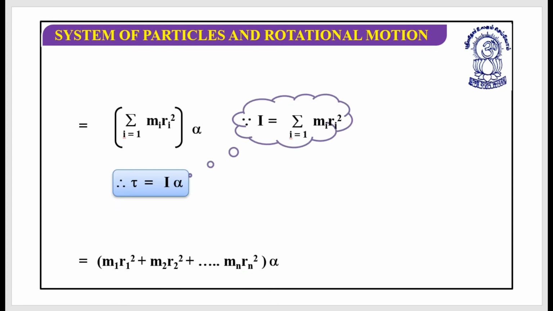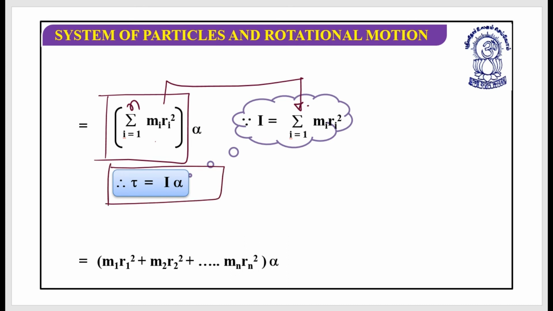So this could be written as sigma i equals 1 to n mi ri square into alpha. But sigma mi ri square was the I, which we call the moment of inertia. So I can prove that torque is equal to I alpha.